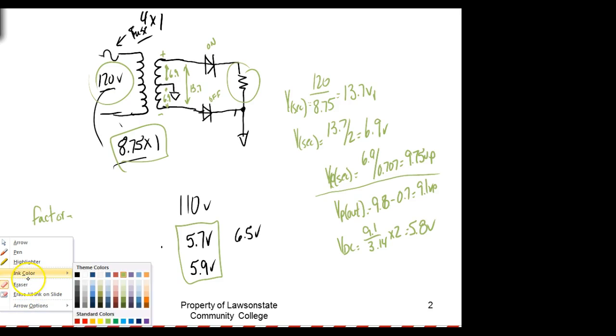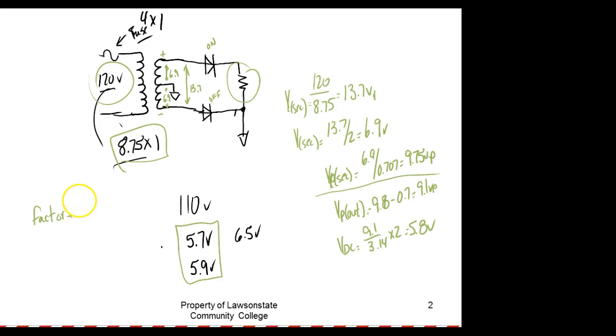The DC average of an alternation is equal to V peak times 0.637. And this is over V peak. So the way we calculate V peak is we divide by 0.707.